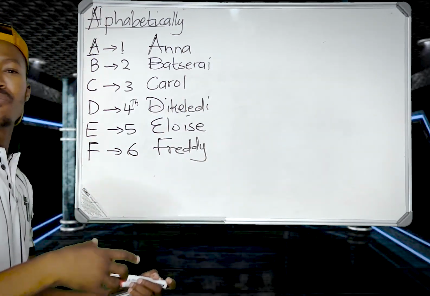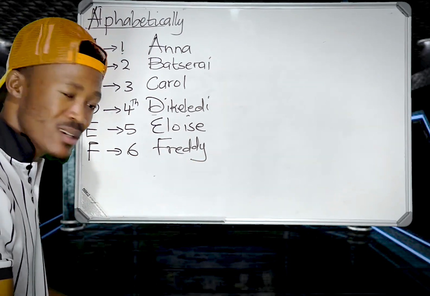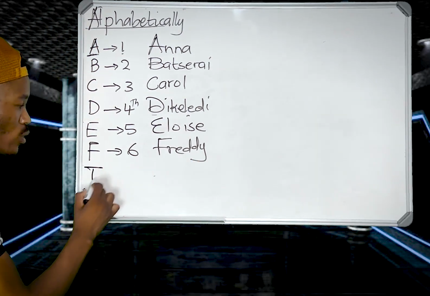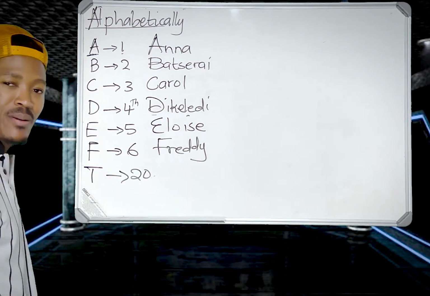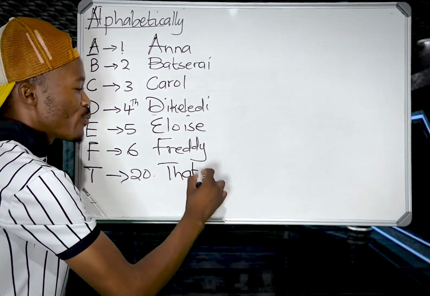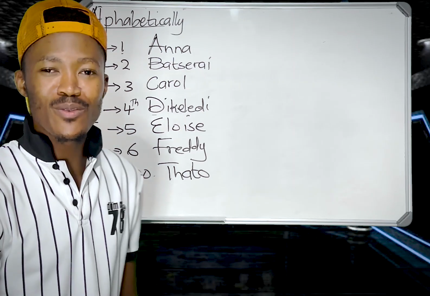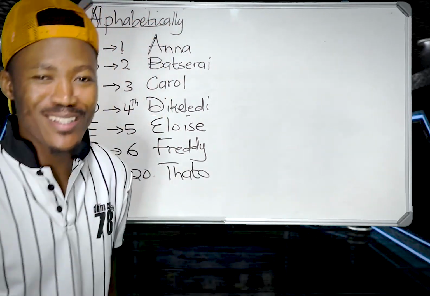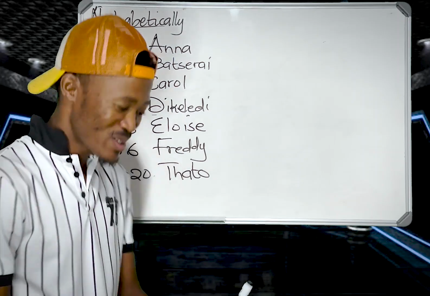And then the 20th tropical cyclone, if it ever reaches that point, letter T, will be named after me, of course, tropical cyclone Tato. Then you'll know that this is the most violent, most destructive tropical cyclone that will ever be recorded in the world. But otherwise, let us continue.